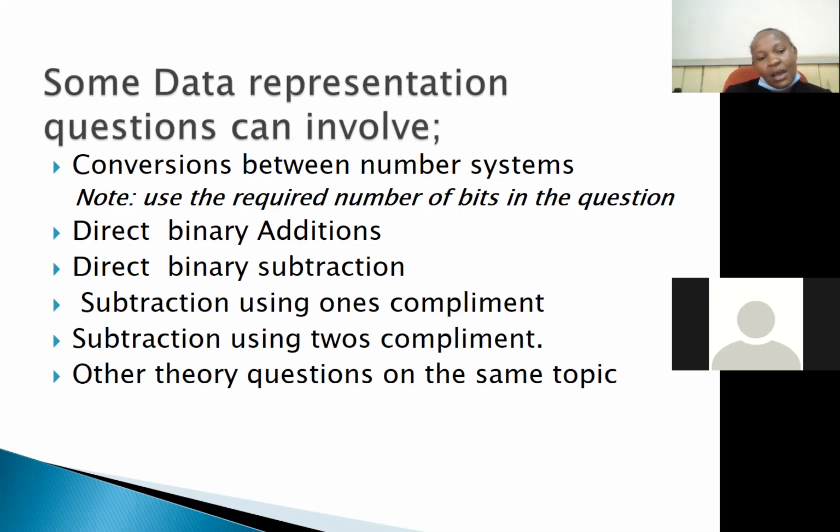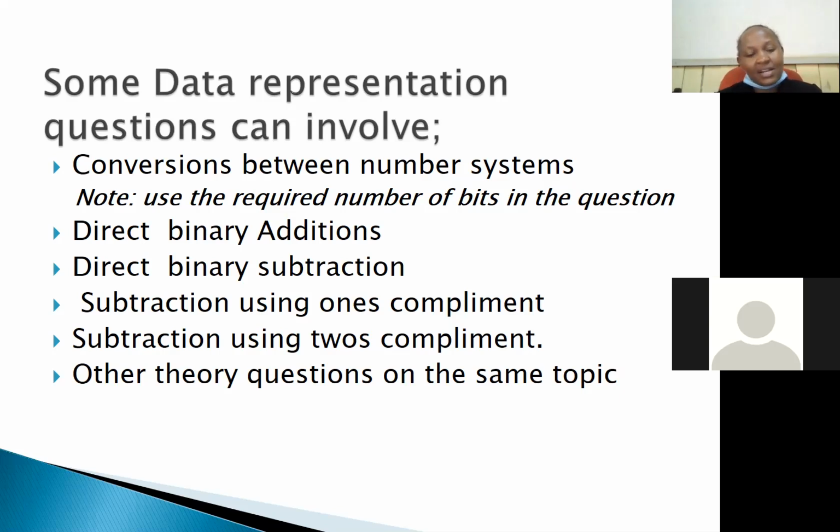So 56 minus 28. How do you approach that after writing the question? You convert each of those numbers to the binary equivalent. Once you convert the numbers, you get the ones complement of the negative number, and then you add the binary equivalent of the other number to the ones complement of the negative number.